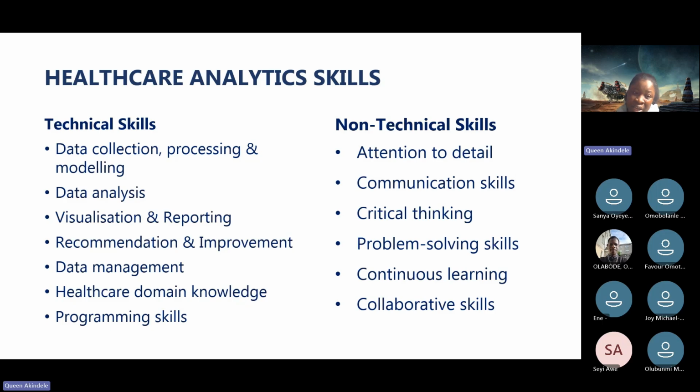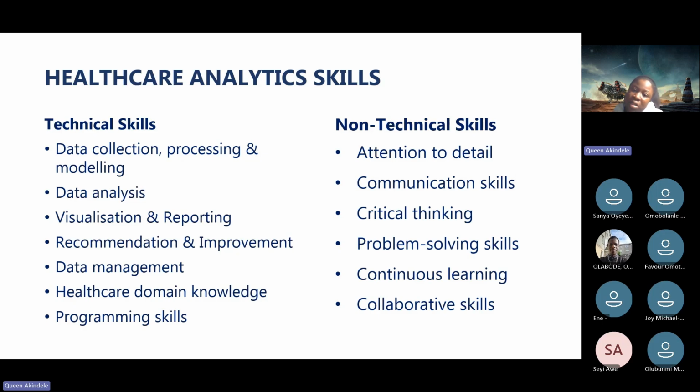And this could be a reason why this is affecting, because sometimes your data may not reflect an external factor. It can only just point you to identify that something is abnormal. And then you have to now look at external factors to understand why it is so. You have to have programming skills. And we'll come to that when we get to the healthcare analytics tech stack.